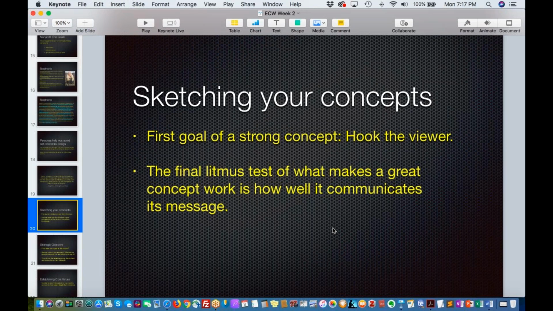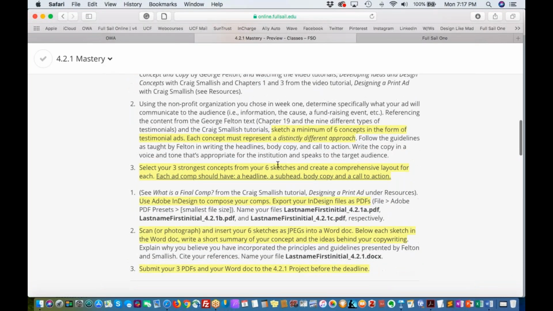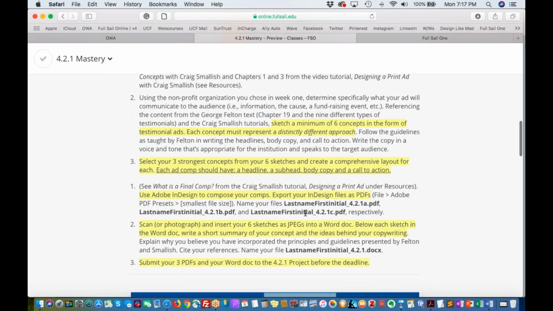Then, let's go back to the assignment instructions, you're going to take these 6 sketches and put them in a Word document. And under each sketch, you're going to write a rationale describing the concept. Here's where I kind of gave everybody a hint in the feedback to the discussion board this week.